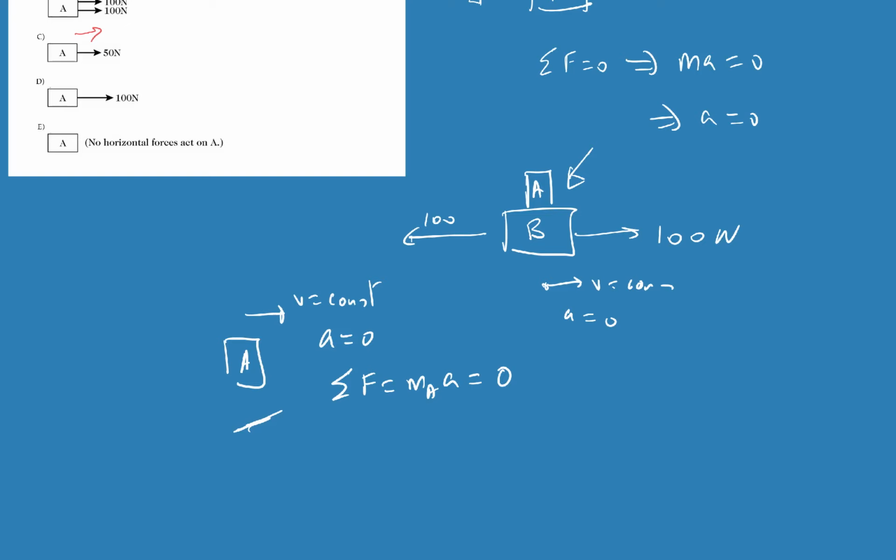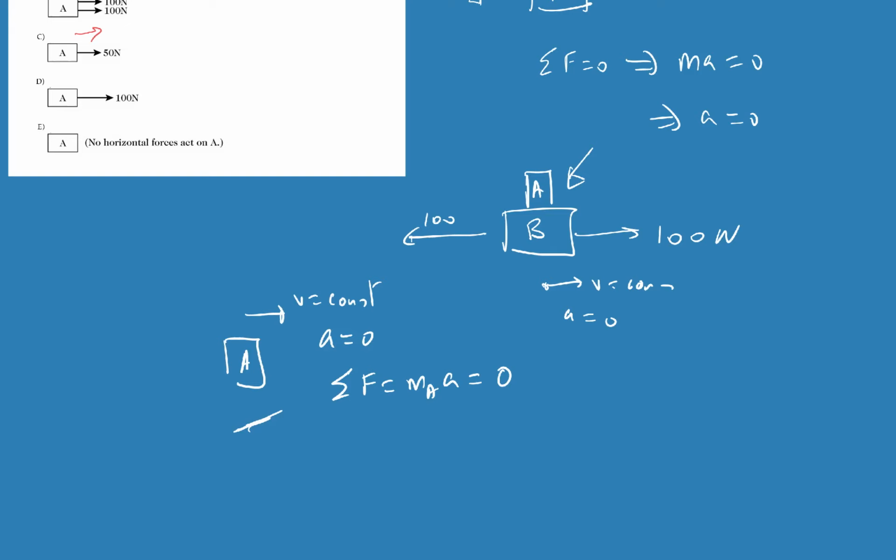So this body is sitting on the surface of B, and nothing is moving the object A. For B, there is 100 newtons to the right, and the fact that B is moving with constant velocity means that the 100 newtons to the left should be there.